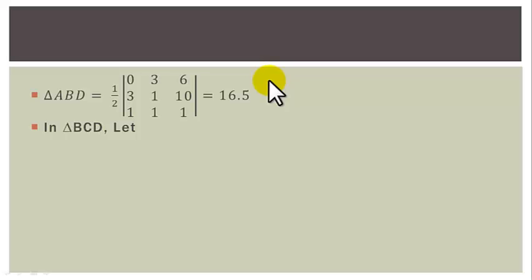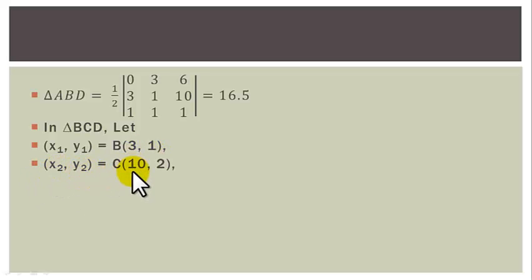Also in triangle BCD, let (x1, y1) be the point B with coordinate (3,1), (x2, y2) be the point C with coordinate (10,2), and (x3, y3) be the point D with coordinate (6,10).